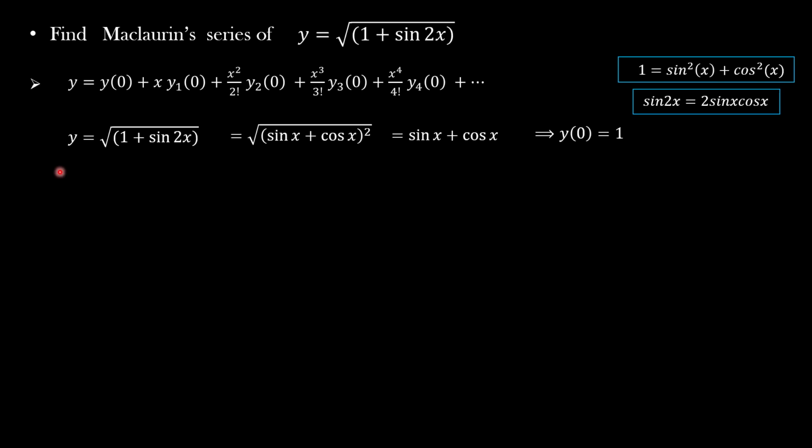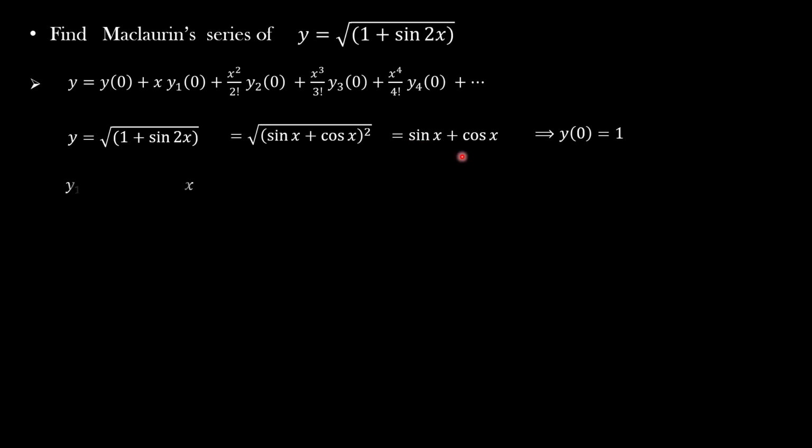To get y1, differentiate y is equal to sin x plus cos x with respect to x, and derivative of sin x is cos x and derivative of cos x is minus sin x. Therefore, y1 is equal to cos x minus sin x, which implies y1 of 0 is equal to 1. y2 is equal to minus sin x minus cos x, implies y2 of 0 is equal to minus 1.